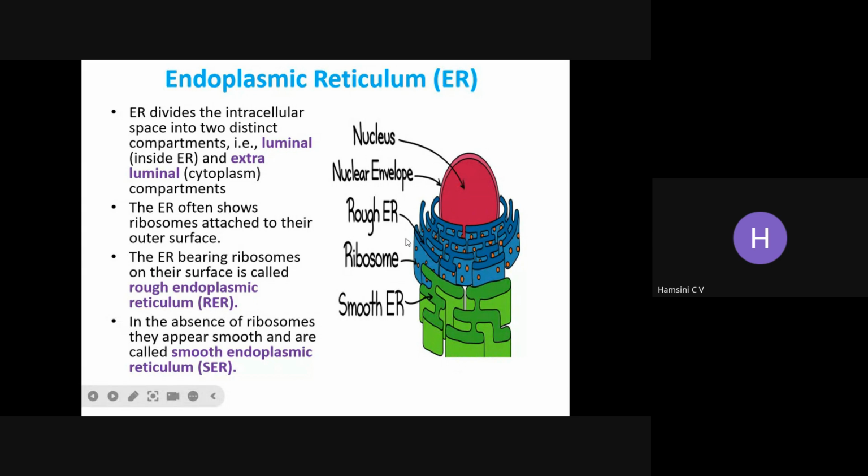Here, since the surface is smooth, we call it smooth endoplasmic reticulum. The ER bearing ribosomes on its surface is called rough endoplasmic reticulum, in short RER. In the absence of ribosomes, it appears smooth and is called smooth endoplasmic reticulum. Am I clear?